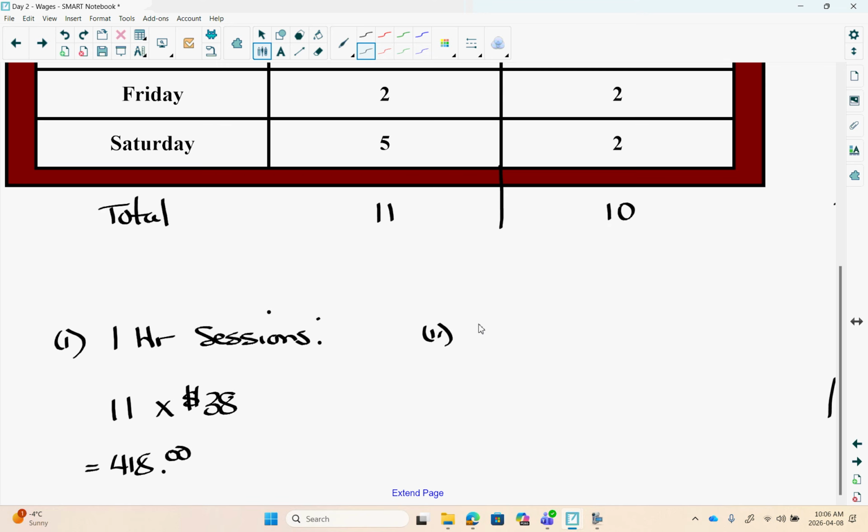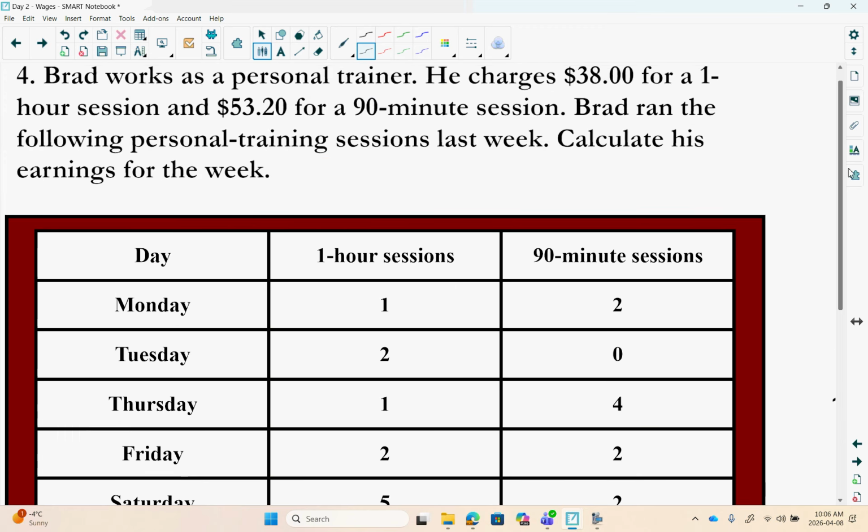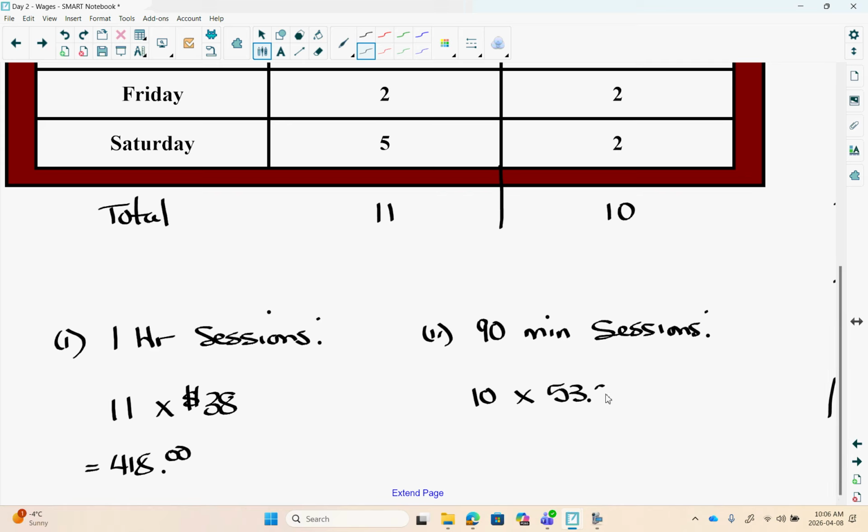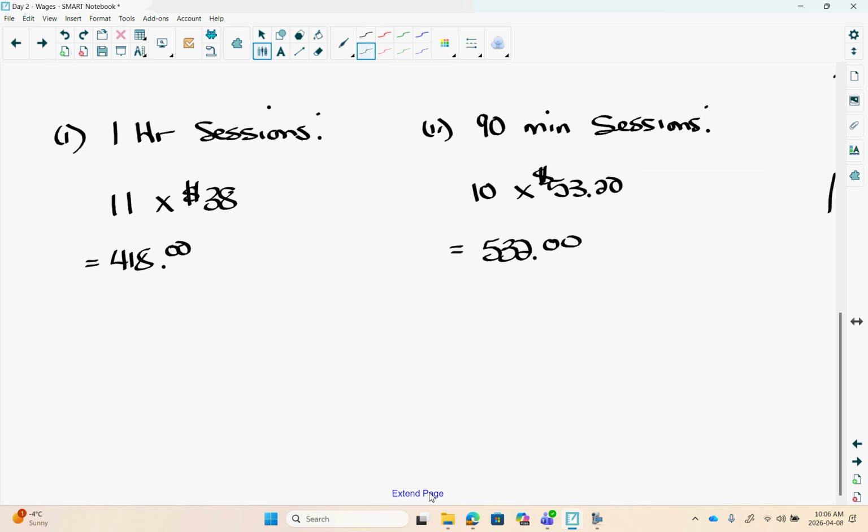Step 2, the 90-minute sessions. He did 10 of them, and this is where he charges the 53, was it 20 or 80? 53.20. And that's going to equal $532.00. What do I do to get his gross earnings?